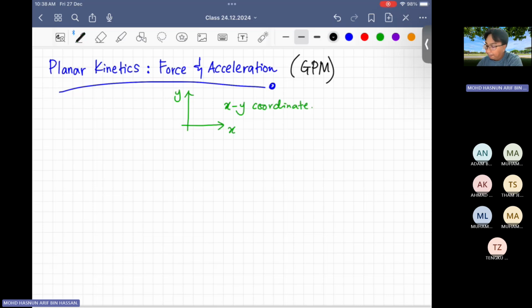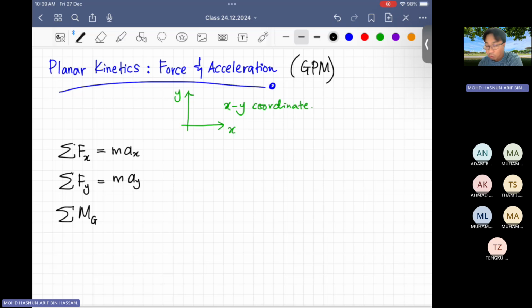That is number one. And then the equations that you need to use to solve the problem: the first one is total force in x-axis equal to MAX. And then we have total force in y-axis equal to MAY. And then we have the calculation of moment.